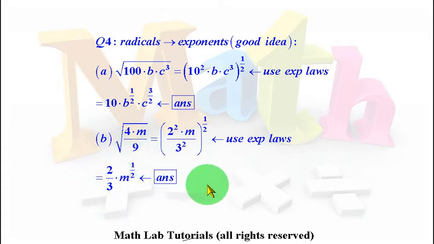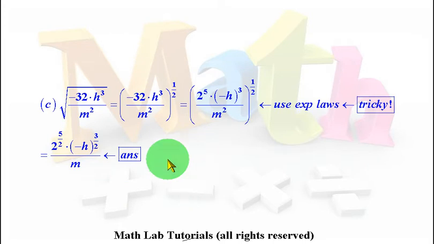Let's go on to the next slide. Part C, we have the square root of minus 32h cubed all over m squared. Again, we have to be a little bit careful over here. We know that m squared is always positive, no problem. 32 is positive, no problem. But we do have a negative here, and we have an h cubed here.